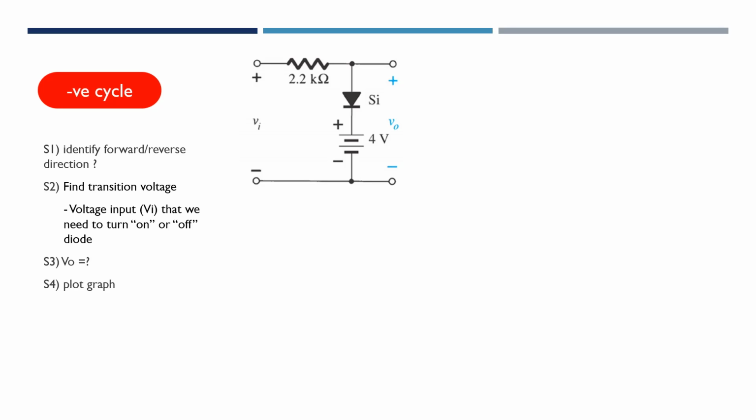Next, for the negative cycle, again we need to identify whether it's reverse or forward. Remember that we need to change the polarity here, positive and negative, when going to the negative cycle. At this moment, our circuit is in the reverse condition, and during the reverse condition, our diode is always an open circuit.